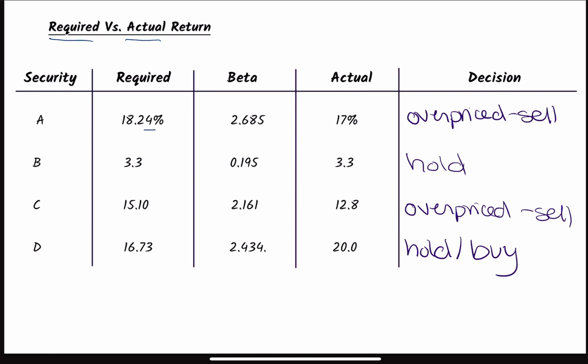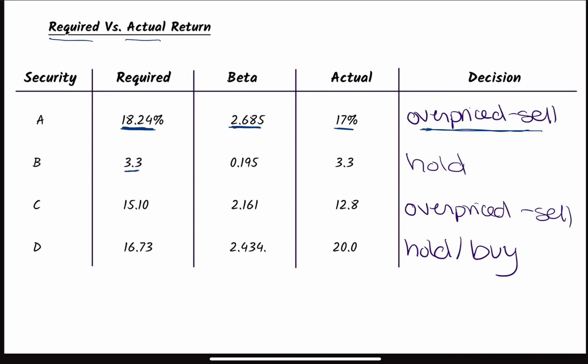So we require 18.24%. The beta is 2.685, so it's super risky. The actual return is 17%, so what are we going to do? It's overpriced, we're going to sell it. Okay? We're not getting the required rate of return, and it is super risky. We don't want this. We're going to sell that security.